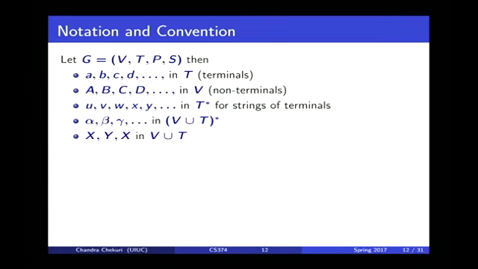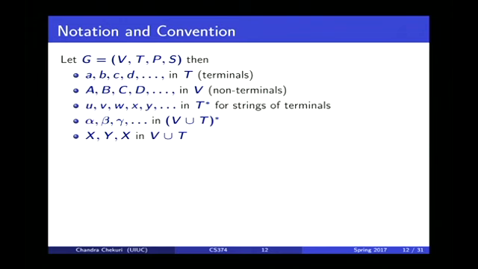So some notation. Because there are so many symbols floating around, we have to be a little careful. There is just some convention; this is not absolute. Typically, we'll use a, b, c, d for terminals, the alphabet 0, 1, small letters, and capital letters A, B, C, D, and so on for non-terminals. We saw capital S is a non-terminal. But then we'll use u, v, w, x, y, and so on for strings over the alphabet, the terminals.